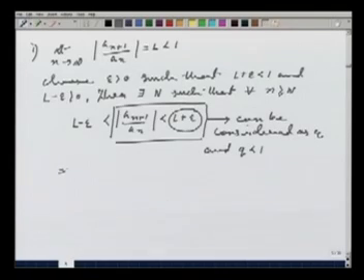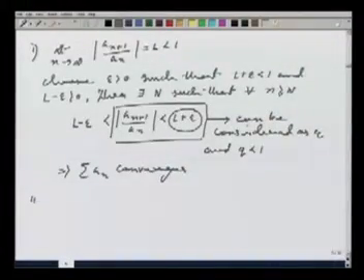This implies summation an converges by the previous result. The previous result was if after some stage modulus of an plus 1 by an is less than Q, where Q is less than 1, then the series converges. Here I got exactly the same thing. Instead of Q I got L plus epsilon, which is less than 1. So this can be considered as Q and hence the previous result applies.